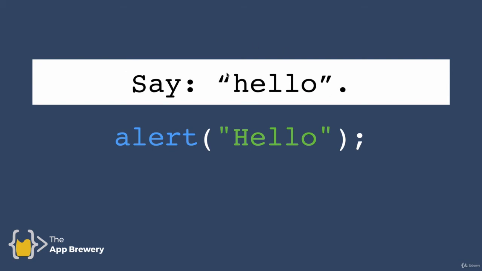And this, as a human, we will know that it's trying to tell us to say the word hello. In programming, it's exactly the same. We need some of these symbols to tell the browser or the computer what it should do. So, for example, the semicolon is just like the full stop in English. This is the end of the sentence or the end of the instruction.